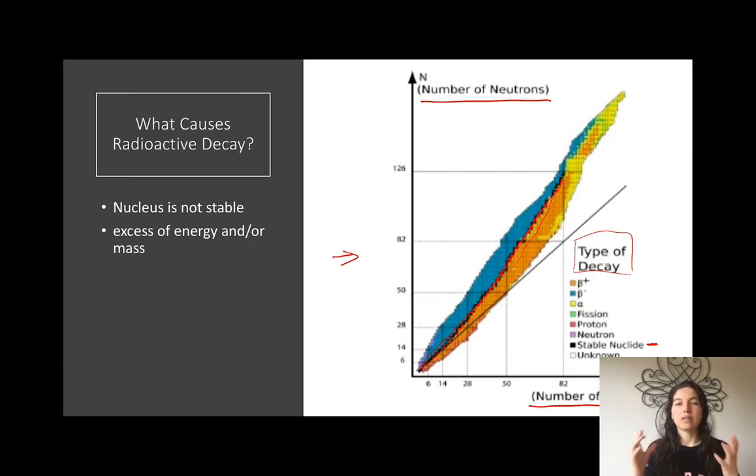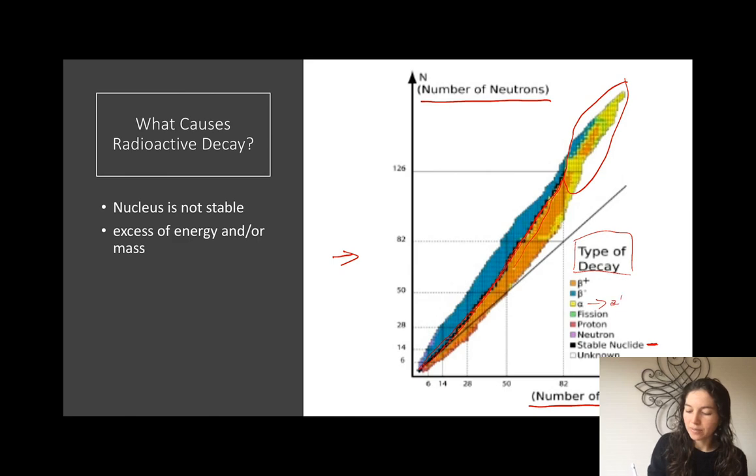What you'll notice is there are large swaths of color on this graph, which is indicative of something. Up here in this region, we tend to have a lot of yellow, which is our alpha decay. We had discussed how this is a helium nucleus, helium-4, 2+. So this graph shows us that atoms with a large number of neutrons and a large number of protons tend to undergo alpha decay.